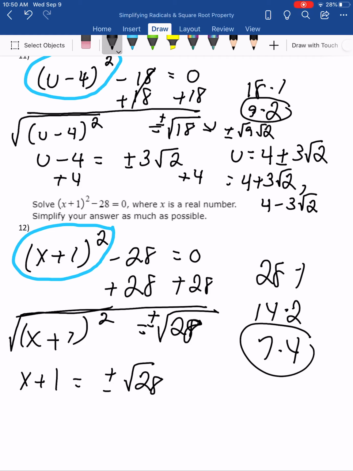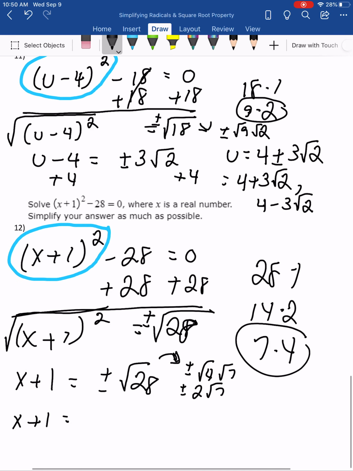So that's going to be plus minus square root 4, square root 7, plus minus 2 square root 7. So x plus 1 equals plus or minus 2 square root 7, and subtract 1 from each side.